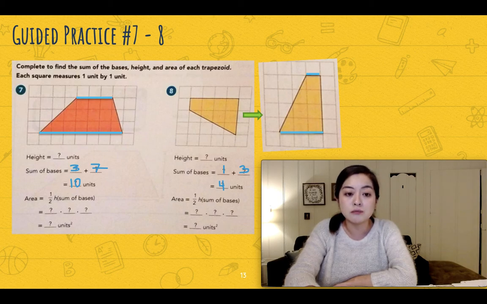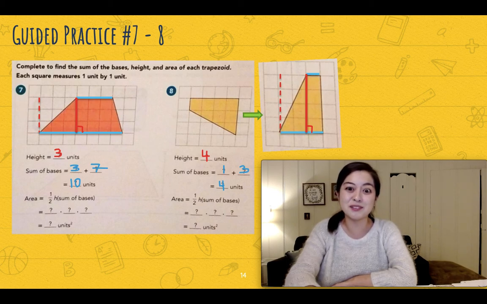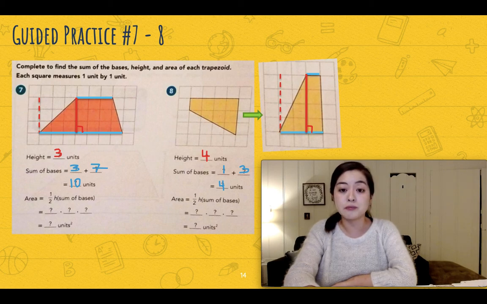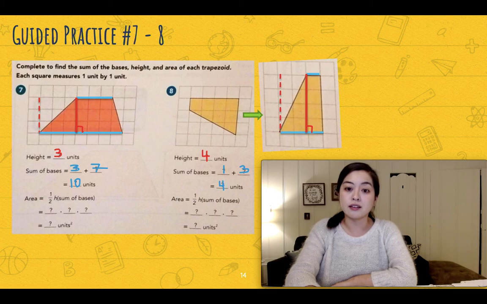Now I'm going to input that into my formula for the area of a trapezoid. Okay. Oh, before I do that, I'm going to find the height, of course. How can I input that in without finding the height? So I got to find the height. So the height is just the distance between the bases, and that distance has to be perpendicular to both bases.